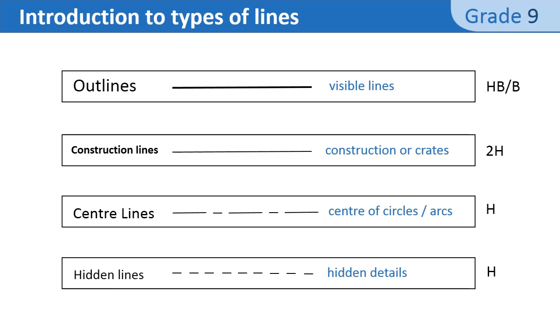Now sometimes you have only one pencil to draw, so you must apply different pressure on the pencil to have different tones. You will see in some of my videos I will use only one pencil, but I apply different pressure just to have different tones.